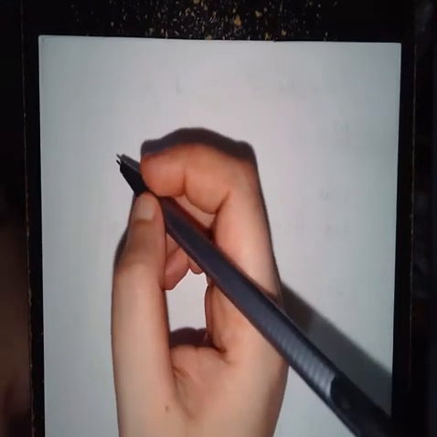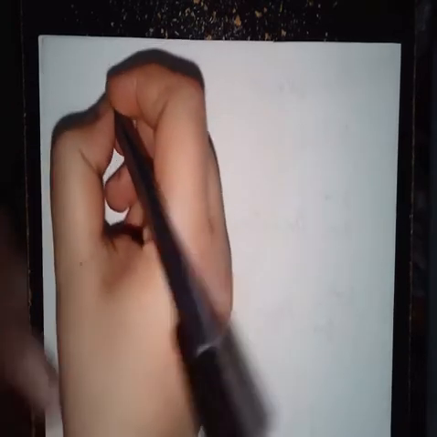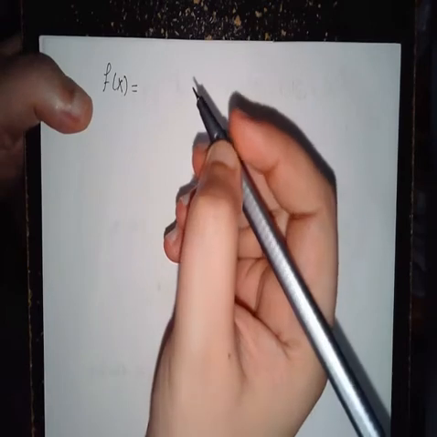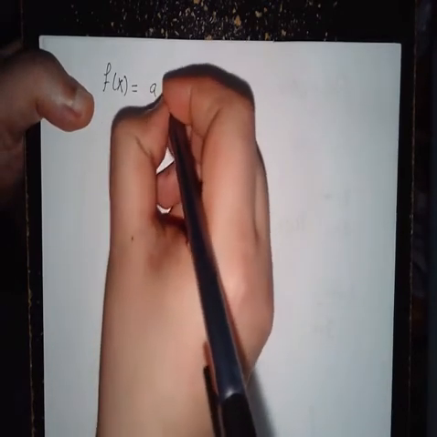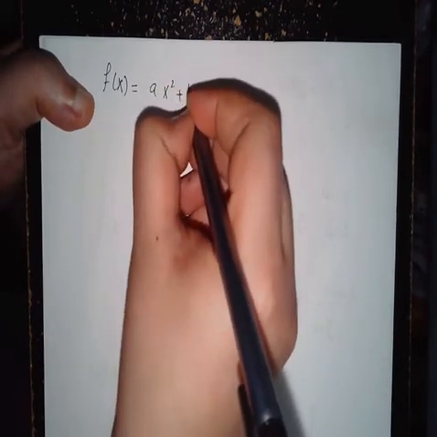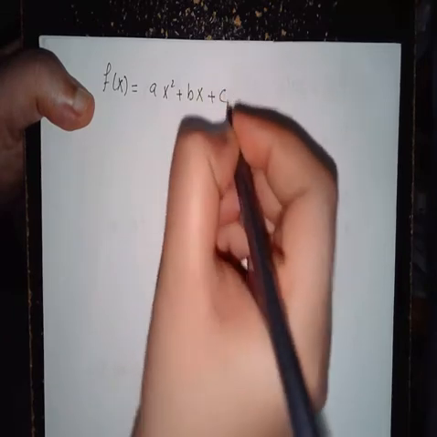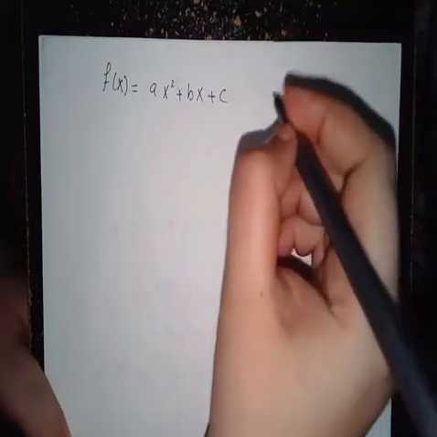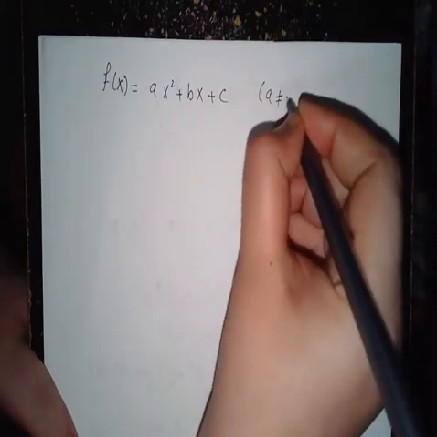How to find the vertex form using the initial or standard quadratic form of ax squared plus bx plus c. Right? This is how it usually starts. This is what a normal quadratic function looks like, where a does not equal 0.